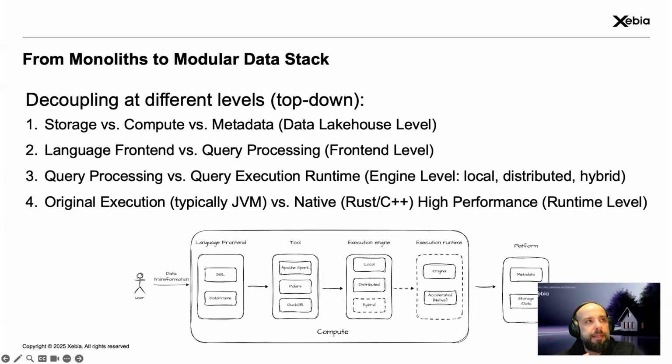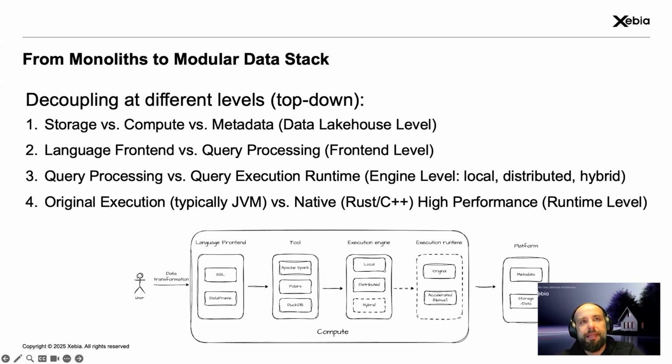We can also see that there is the decoupling of query processing and query execution, so the engine level. So we can observe some tools that provide different front ends, a single way of query optimization, but later on, it can be executed, for example, locally, in a distributed fashion, or in a hybrid query.